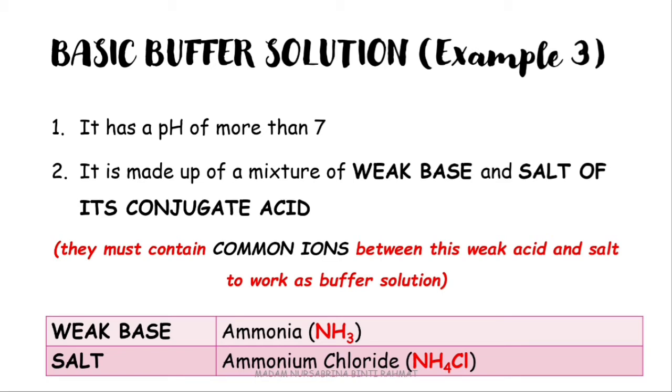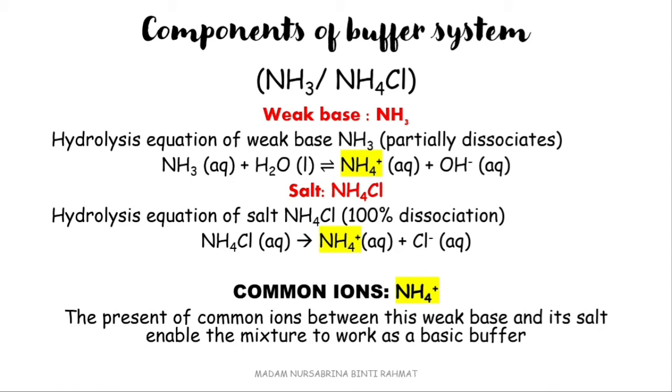We're going to discuss an example where I make a buffer system by mixing ammonia and ammonium chloride. If you write down the chemical equation, the hydrolysis of your weak base in water is a reversible reaction, which partially dissociates in water.